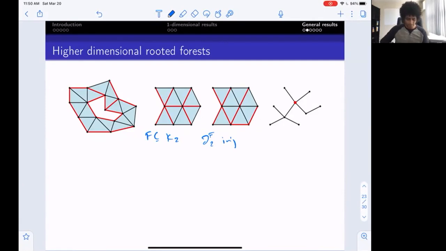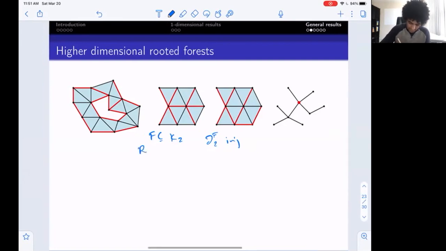And then the root of your forest is a bit more delicate in higher dimensions. In particular, you want it to satisfy two conditions. The first condition is you don't want it to have a k-boundary. In other words, if you take a collection of two-dimensional cells and put that into the boundary map, it outputs this boundary here.